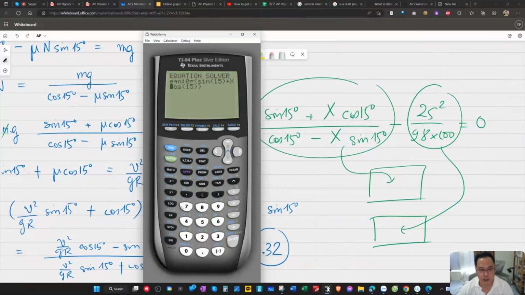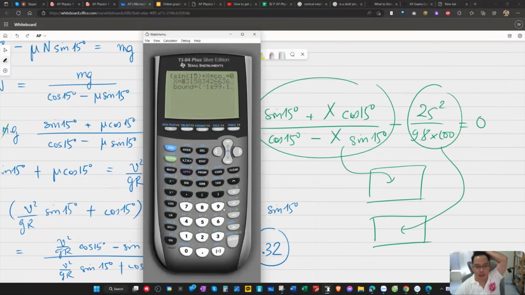Add it with x times cosine 15 bracket, divide, bracket cosine 15 bracket minus x times sine 15 bracket twice. One is for the angle and the other for the denominator. And then subtract 25 squared divided by 9.8 multiplied with 100.